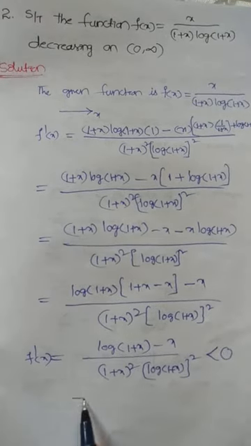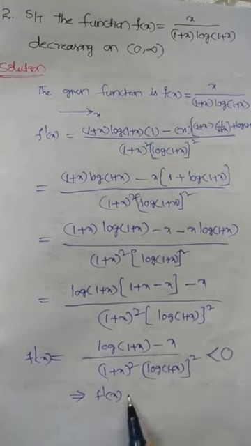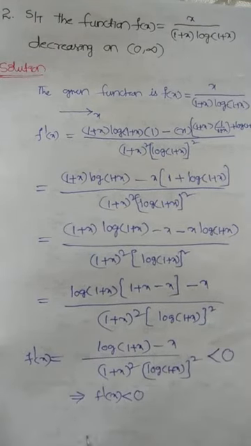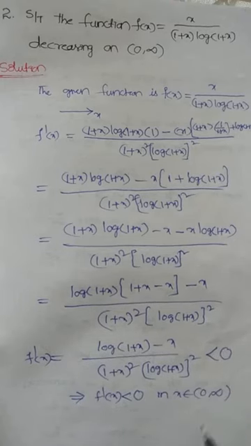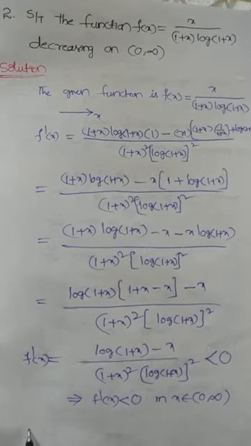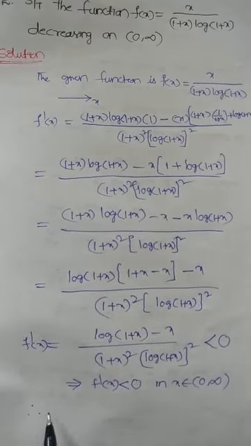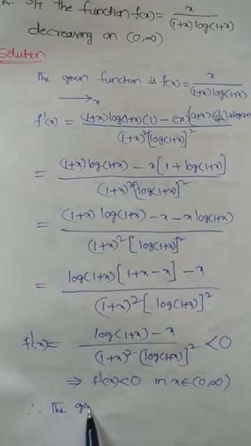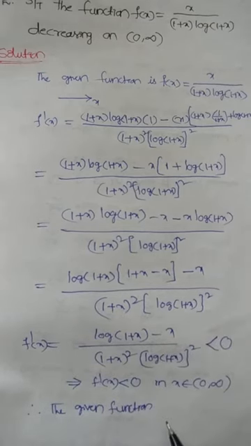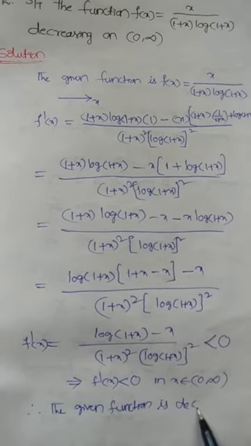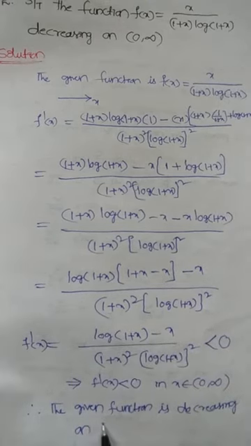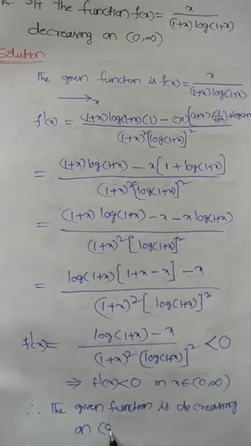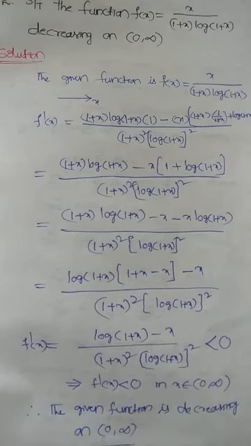That implies f dash of x is less than 0. So when x belongs to 0 to infinity, we can conclude that the given function is decreasing on 0 to infinity.